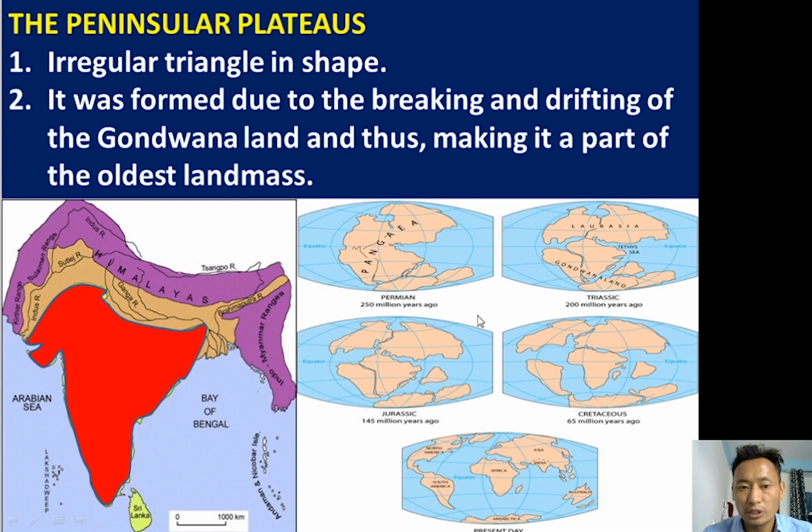So the Peninsular Plateau of India is a part of Gondwana land. This Peninsular Plateau of India drifted towards the Eurasian plate, and finally it collided with the Eurasian plate.